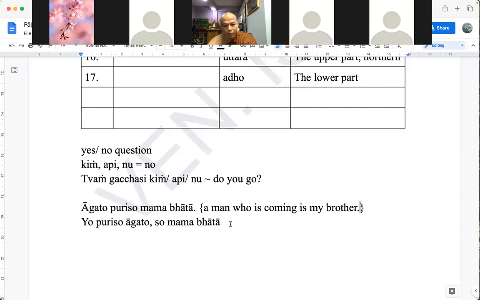But for the second one, it carries the sense of the relative clause: a man, whoever is coming. In this way, we can understand the different point.